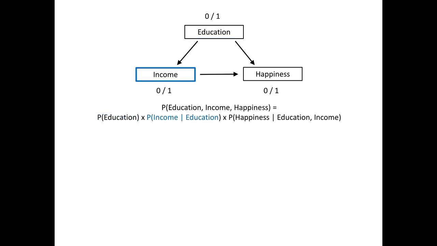Let's now build the conditional probability table for the variable income. From the causal graph and the factorization of the joint distribution, we can see that income has one parent, education, and thus one variable in the conditioning set. Furthermore, we also know that education and income are both binary variables that can take two values, 0 or 1.